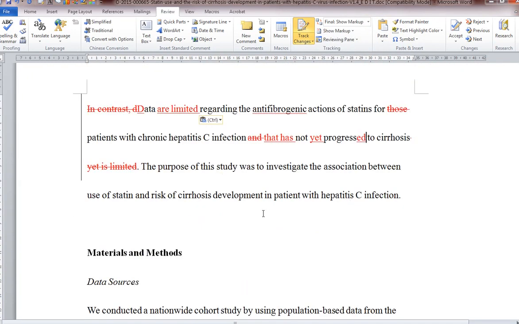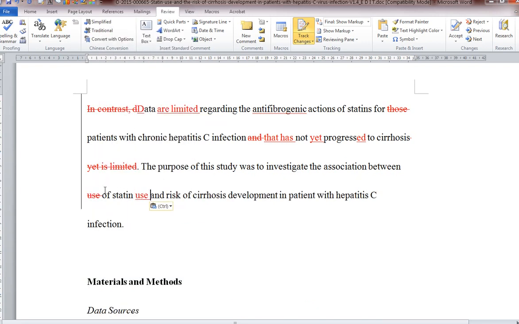Okay, here we have the final sentence of the introduction. The purpose of the study was to investigate the association between use of statin. Use is a countable noun. Okay. Actually, we can use use non-countably, but here generally we'd have the use of statin, but I think I'm going to go ahead and, yeah, it can be used non-countably in this instance.